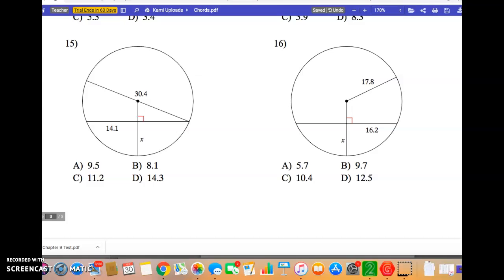All right, and something like this one here. So remember, if this is 30.4, half of this would be 15.2. So if you've got 15.2, you've got this side, which is still 14.1, right? Same measurement, it's bisected. But we don't have this piece.